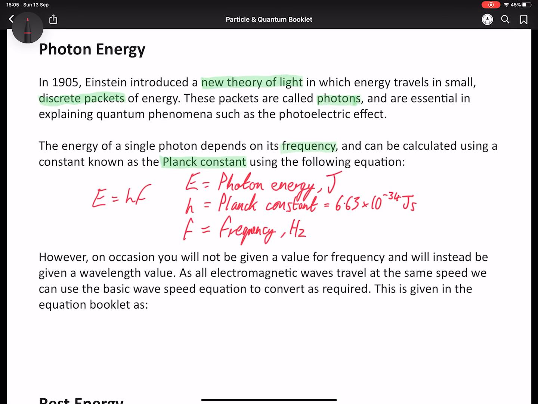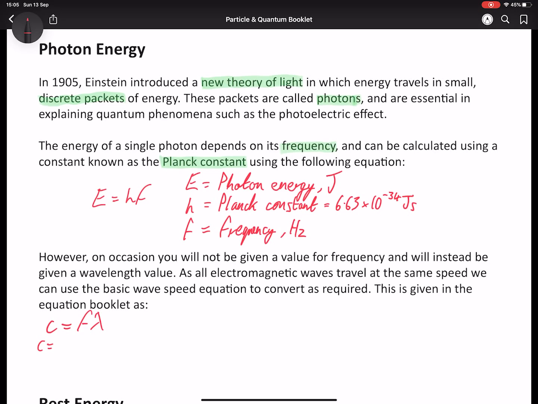Now, you won't always be given the frequency. You may instead be given the wavelength, which means you will need to translate the frequency into wavelength or vice versa. This can be done using an equation very familiar from GCSE, speed is equal to frequency times wavelength.